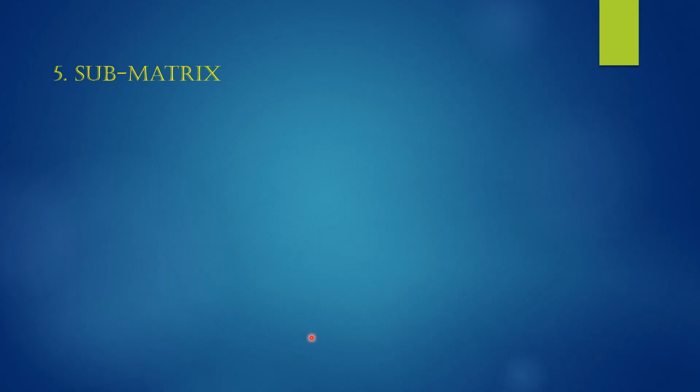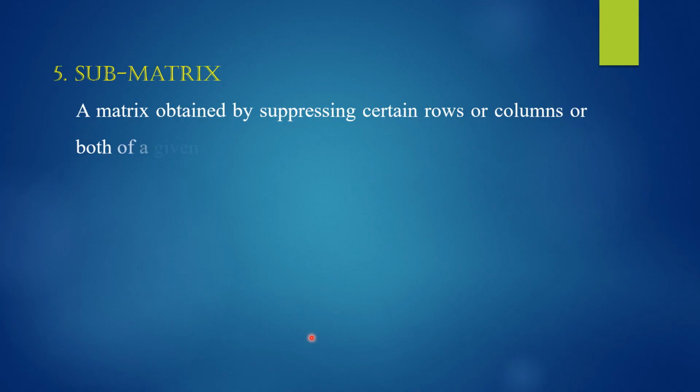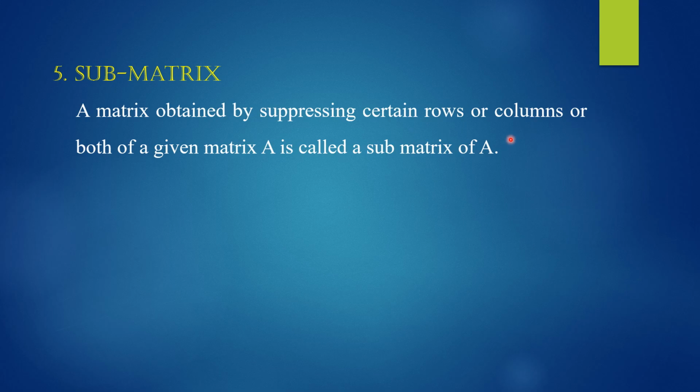So first you write the definition of the submatrix like this. A matrix obtained by suppressing, meaning eliminating, avoiding certain rows or columns or both. Certain rows means some number of rows or some number of columns or both of a given matrix A is called a submatrix of A. So let me take one example here.